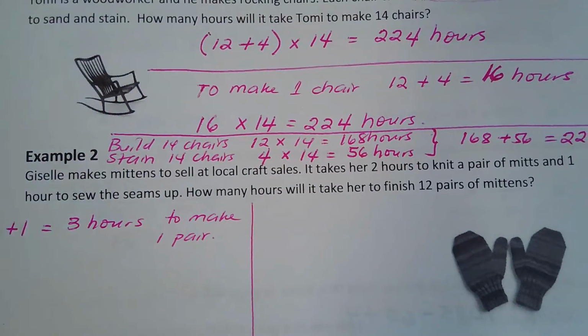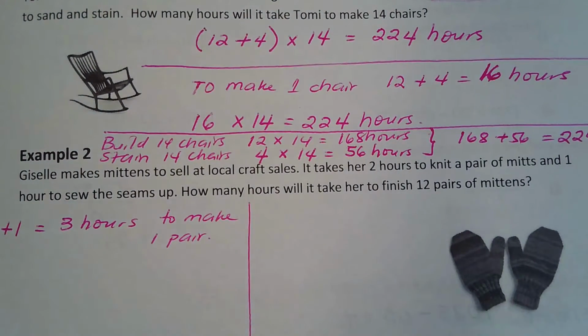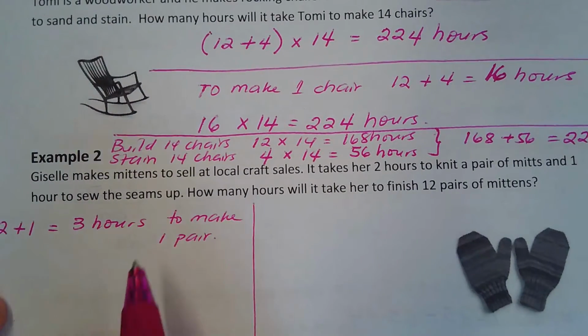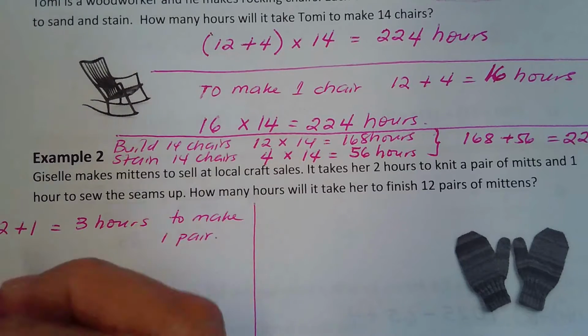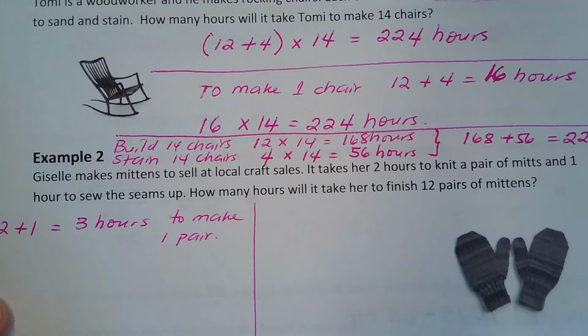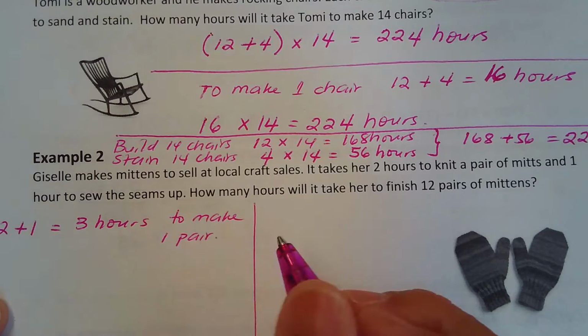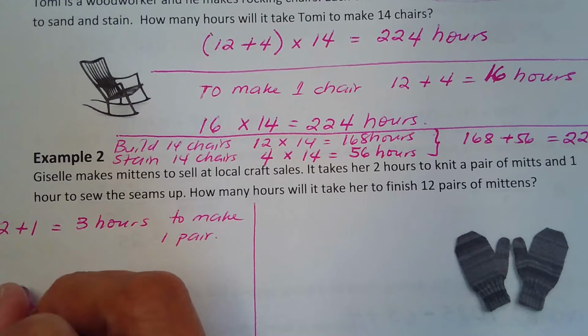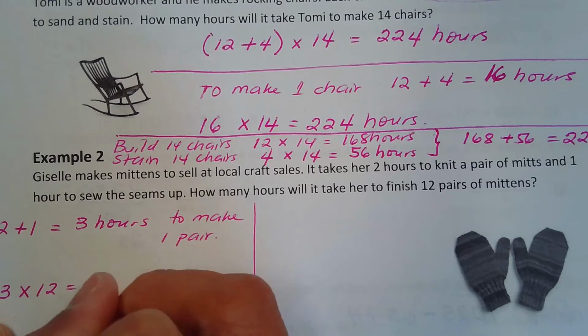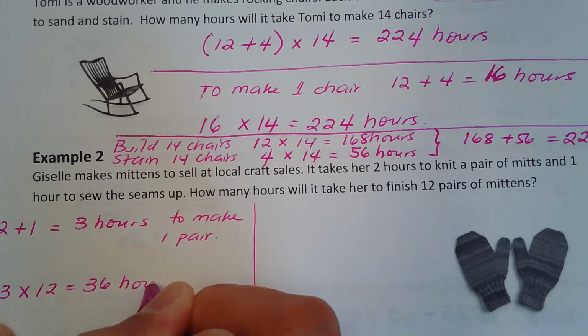So she's making a whole pair completely done, and then once that's done, she's going to do it how many times? 12 times, right? Because it's 12 pairs. So 3 times 12, which is 36 hours.